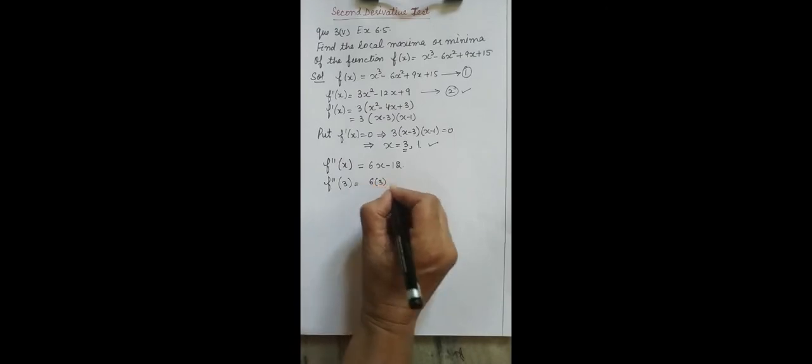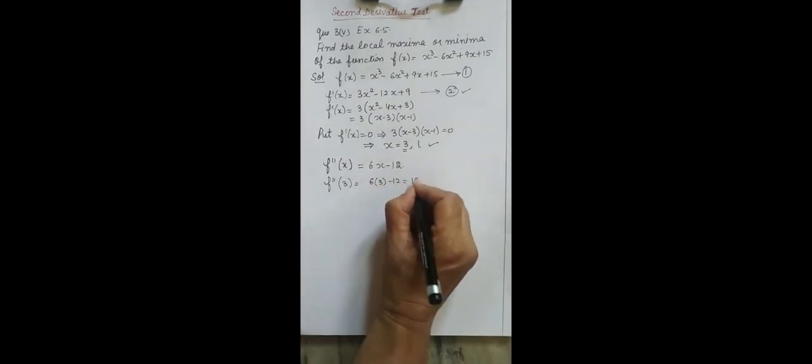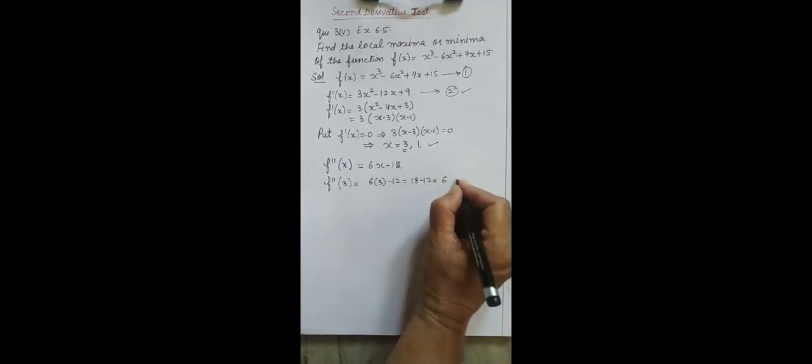So first of all, I will put 3 in this expression. So what is f double dash 3? This will be equal to 6 into 3 minus 12, 18 minus 12, which gives me 6, and I can see that this is a positive quantity. So let me find f double dash at 1 also.